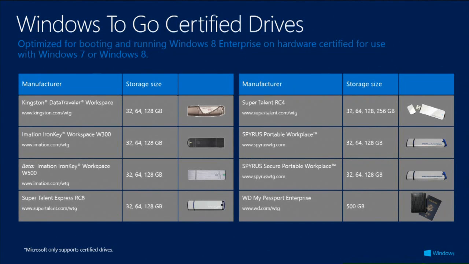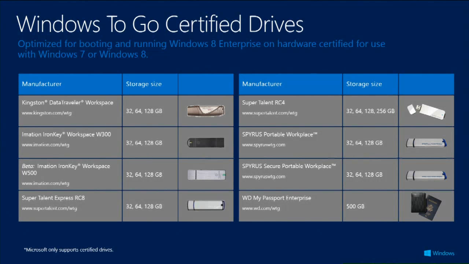Do you have a question? So if you use the My Passport, can you implement a boot menu for using it for multiple purposes, like storage? You cannot on that. The My Passport drive, I know it's big capacity, but once you've locked it into being a Windows to Go drive, it needs to be a Windows to Go drive.